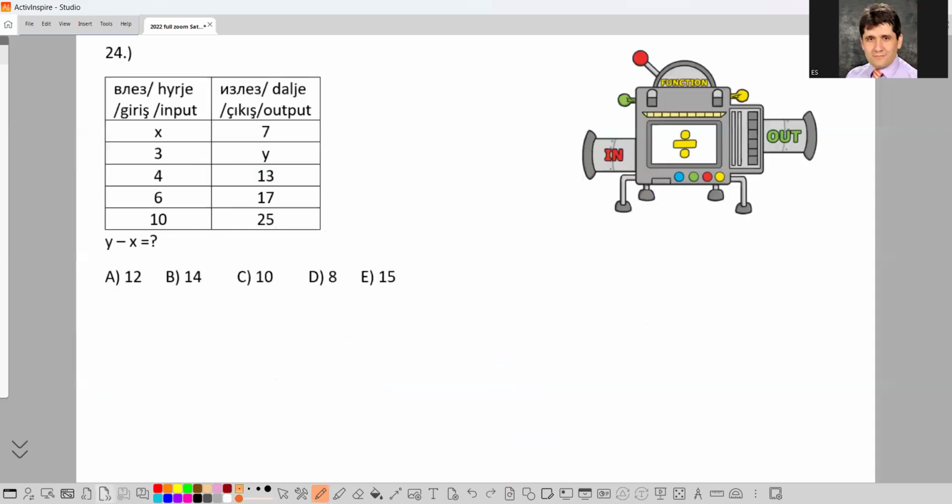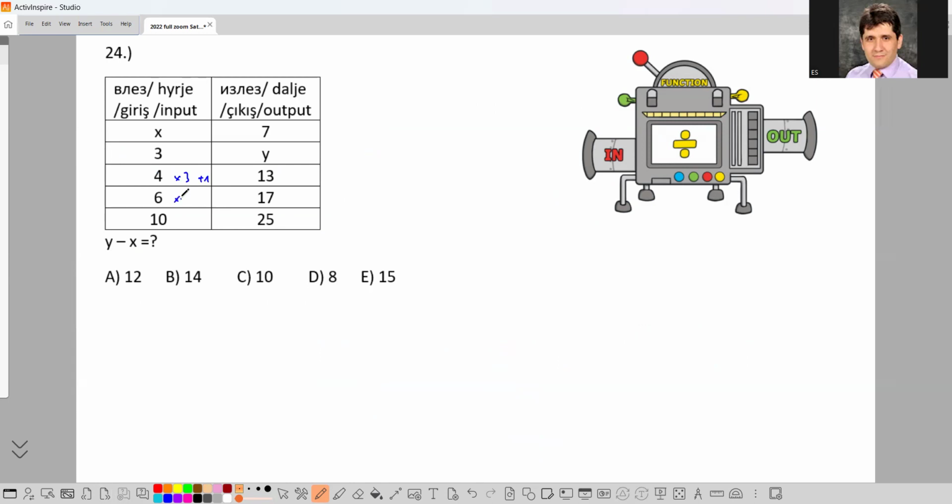We have 2 more questions. One is about a function. Functions in math are like machines, with inputs and outputs. You need to find some pattern. Can you find the pattern that will get an input 4 and an output 13? For example, I can try multiply by 3 and then add 1.